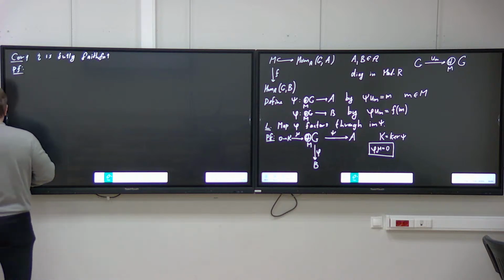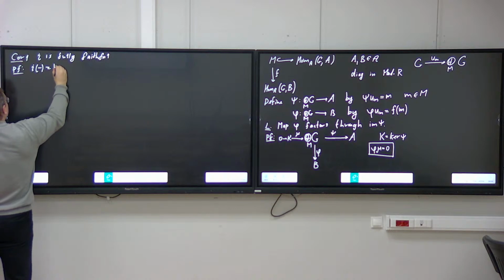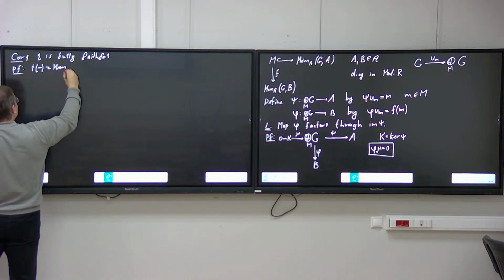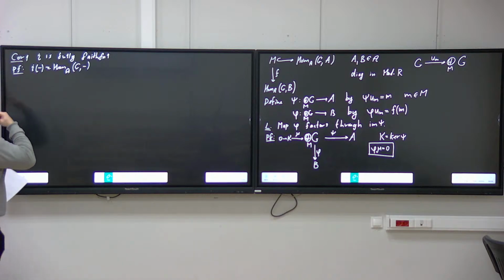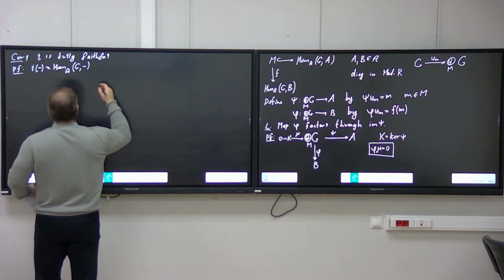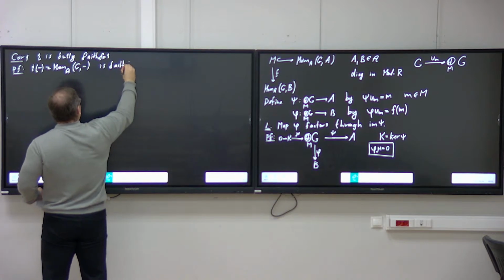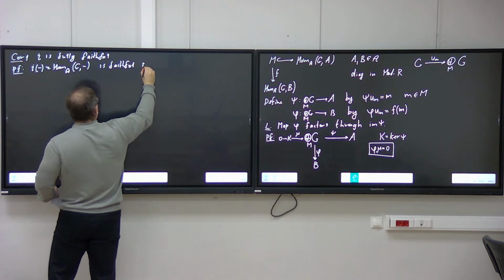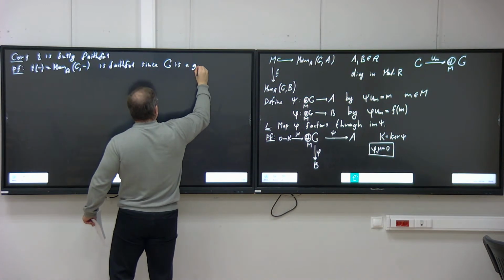Well, the observation that this functor I, let me repeat the definition, this is just a Hom in the category A from the G to something. So this is faithful because G is a generator. So it's faithful, since G is a generator.